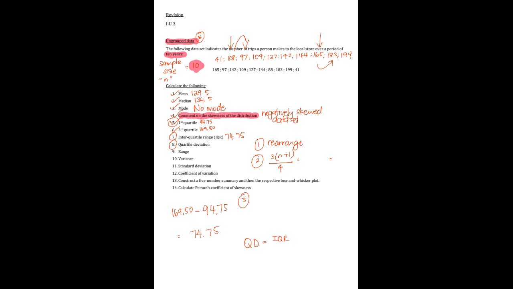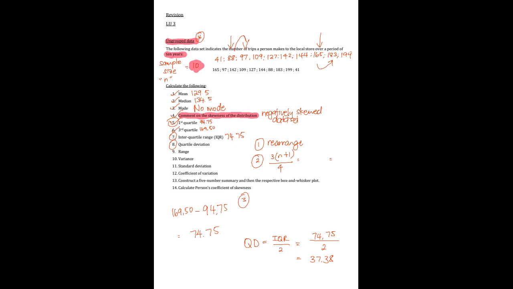So your interquartile range is what we just calculated in question 7. So it's really just about dividing that answer by 2. So your quartile deviation is then going to be 74.75 as your IQR divided by 2, and that's going to give you 37.38. So that is your quartile deviation.